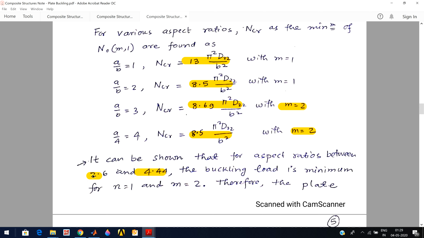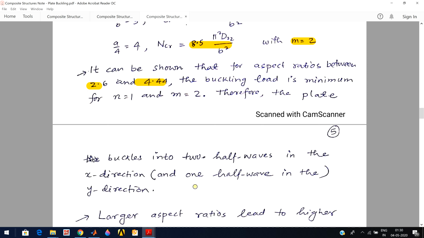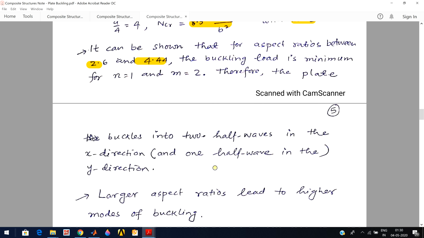And if the aspect ratio is less than 2.6, then m equal to 1 and n equal to 1 will be your lesser load. And between 2.6 and 4.44, it will be m equal to 2 and n equal to 1. So that means depending on aspect ratio, the minimum value will change.